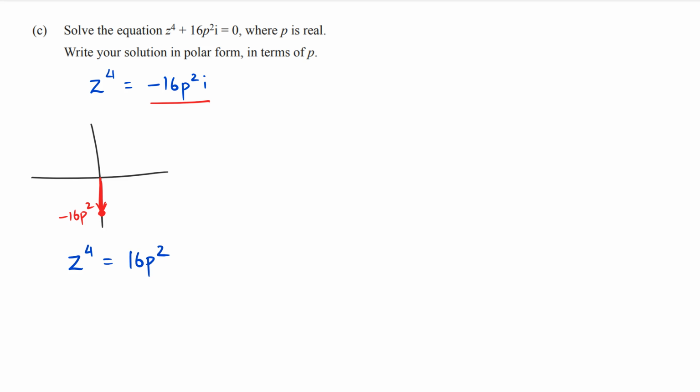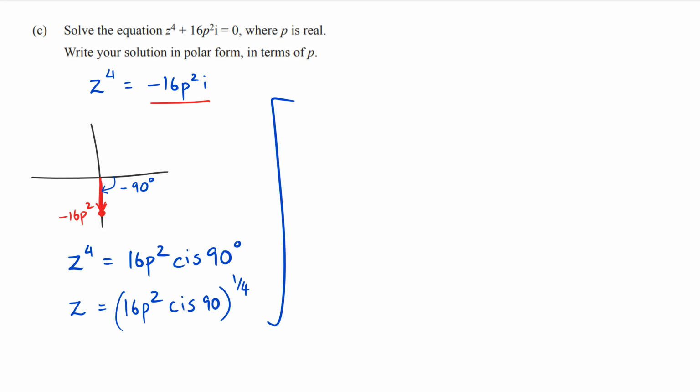So we could actually have the angle going back like this, and if we're going back, we're going to write it as minus 90 degrees. So then Z4 is equal to 16 p squared cis minus 90, which means we use De Moivre's theorem to figure out what the first root is. So Z is equal to 16 p squared cis 90 to the power of a quarter.